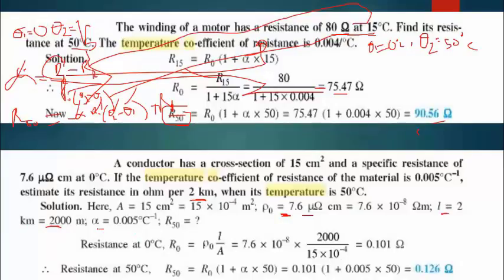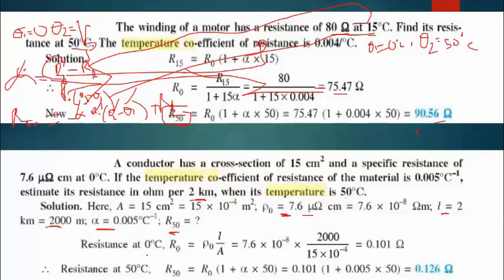We have the temperature coefficient of resistance as 0.005 per centigrade. We are asked to find the resistance when the conductor is of length 2 kilometers and at a temperature of 50 degrees centigrade.